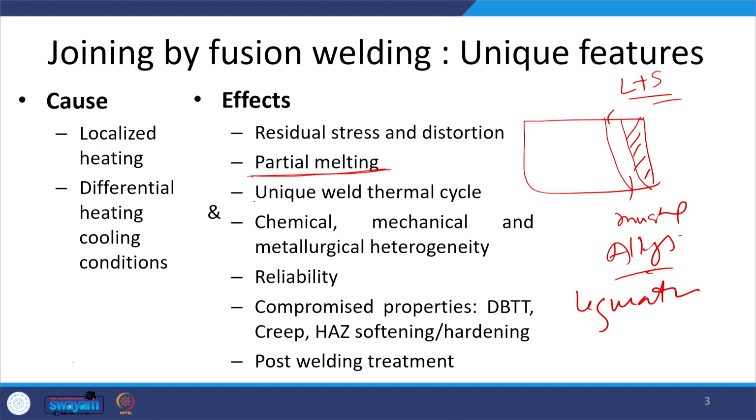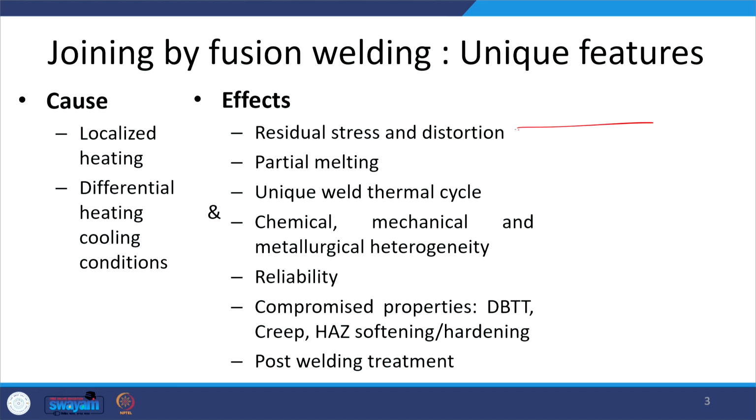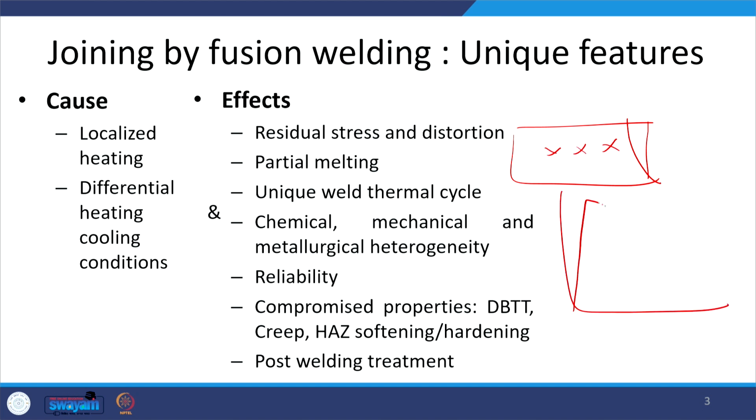Okay. Then the unique weld thermal cycle, as I have said: each location next to the weld joint experiences a different thermal cycle. The point very close to the weld zone will experience the higher heating rate, higher cooling rate, higher peak temperature, and as we move away, like 1, 2, 3, this is temperature and this is time.